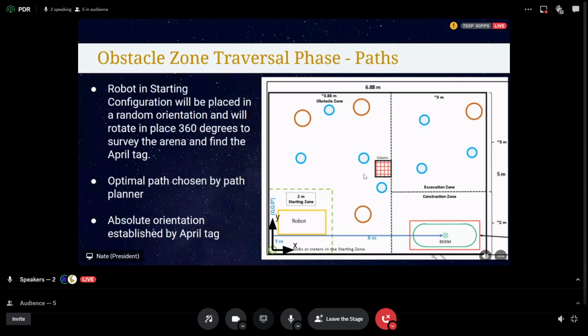The April tag is what will establish the absolute position for the robot, so it knows where it is in the arena at all times. From there, the optimal path will be chosen by the path planner, so the robot will turn around, survey the arena, establish where its front is, find the location it wants to go to, and then find a path that is optimal.